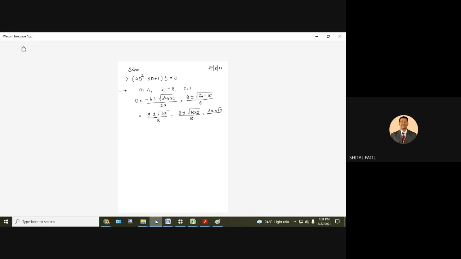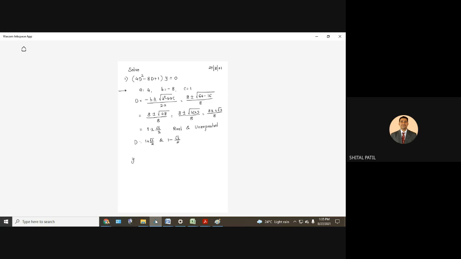So nowhere is I there, nowhere are complex roots there. Hope you might have understood. So 1 plus minus root 3 divided by 2, isn't it? So what are the roots? Real or imaginary? Real and unrepeated. In fact the roots are like this: 1 plus root 3 by 2 and 1 minus root 3 by 2, isn't it?